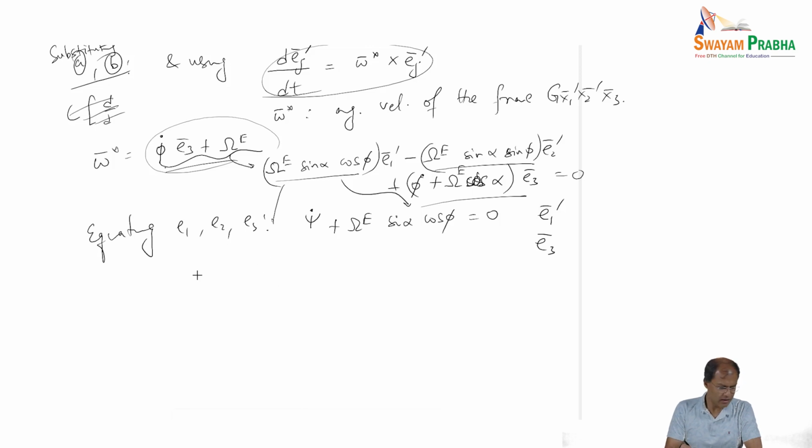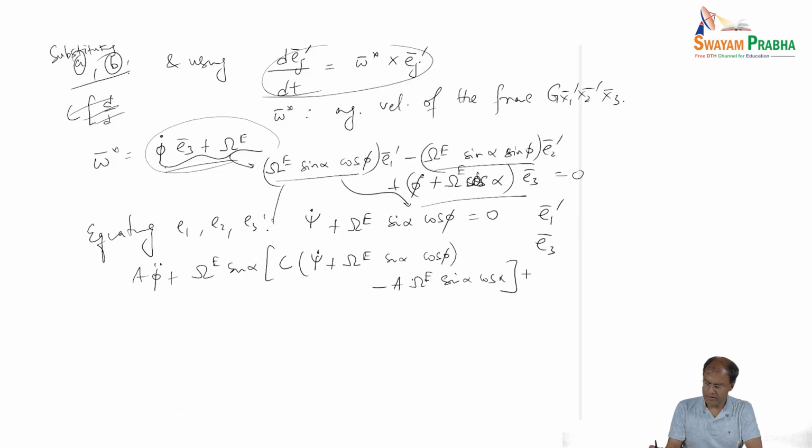The E3 component is: A phi double dot plus omega E sine alpha times C times psi dot plus omega E sine alpha cos phi, minus A omega E sine alpha cos alpha sine phi, equal to 0.